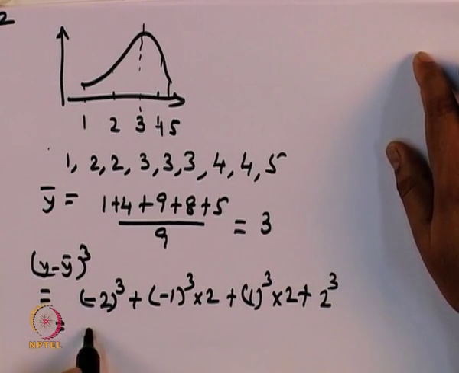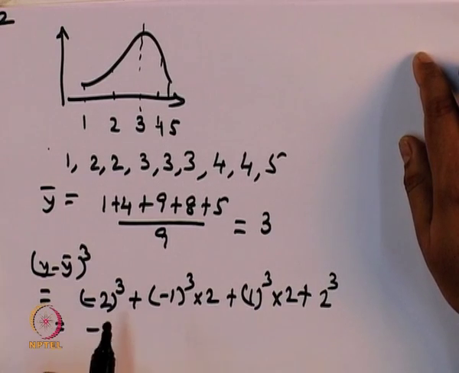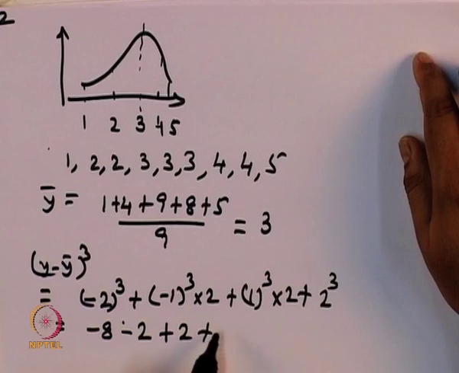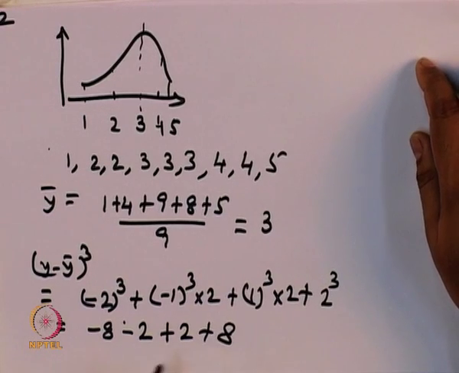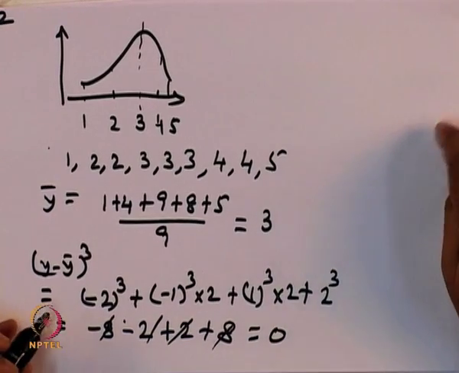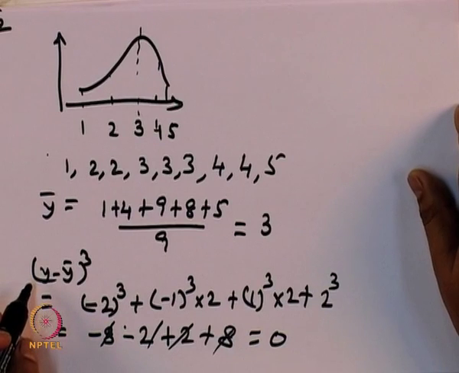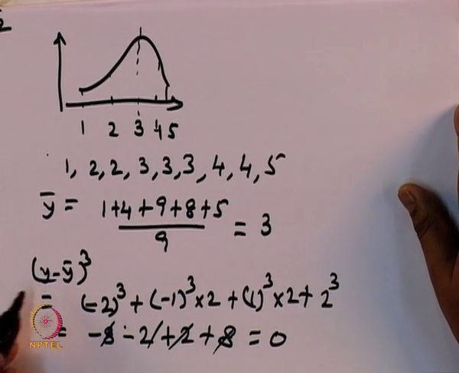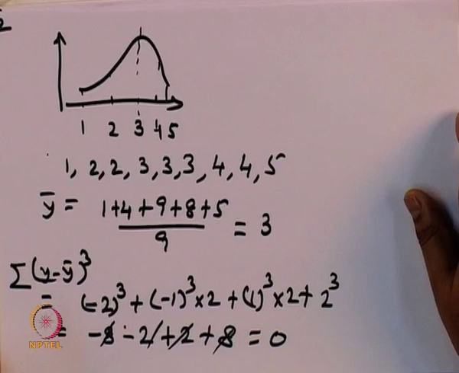So, I have minus 8 here, minus 1 minus 2 here, plus 2 here, plus 8 here. So, these exactly balance each other out, and for this particular distribution I get summation of y minus y bar whole cube to be 0.